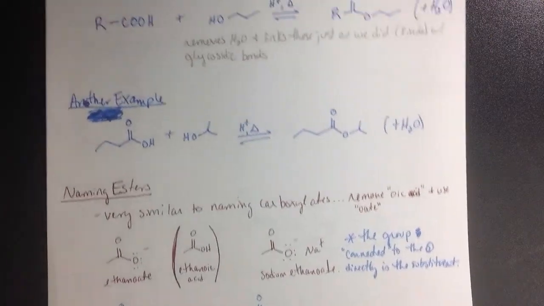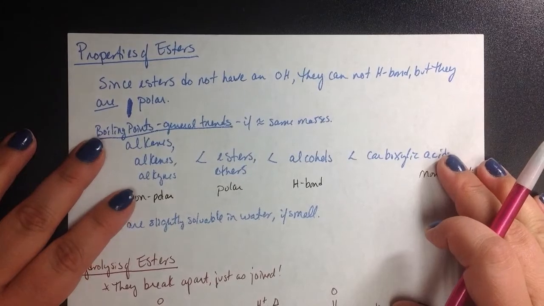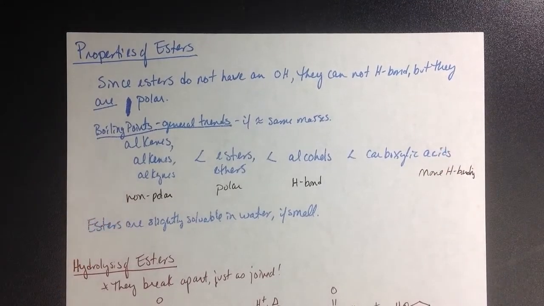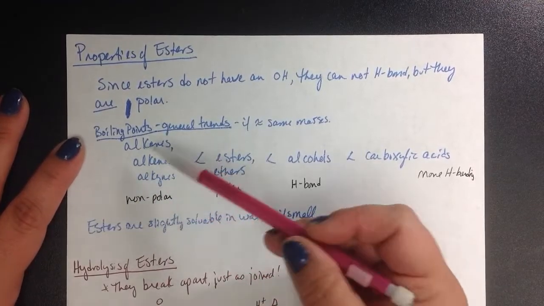Okay. Now, since esters do not have hydrogens anymore, they don't have hydrogen bonding, but they're still polar. They're not going to have as high boiling points as what we saw with carboxylic acids. So, just to give you an overall view again, our nonpolars like alkanes and alkenes are going to be sort of here.